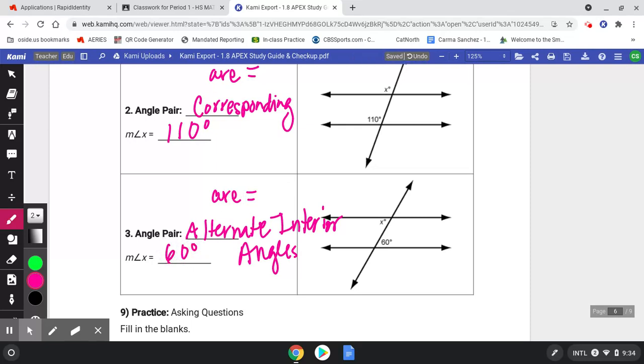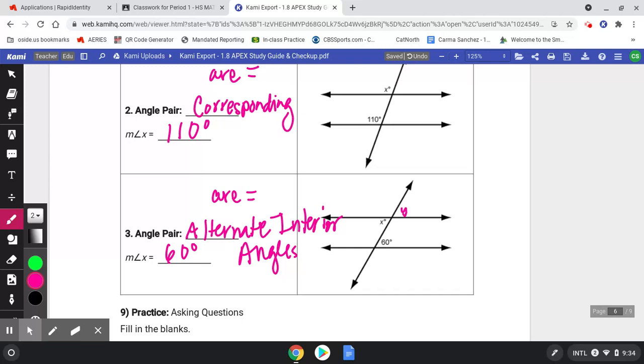Now, what if they asked me for y? I can tell that y is a corresponding angle to the 60 degrees. So I could just say that y equals 60 based on corresponding angles, or I could say that x equals 60 by alternate interiors, and then x equals y by vertical angles.